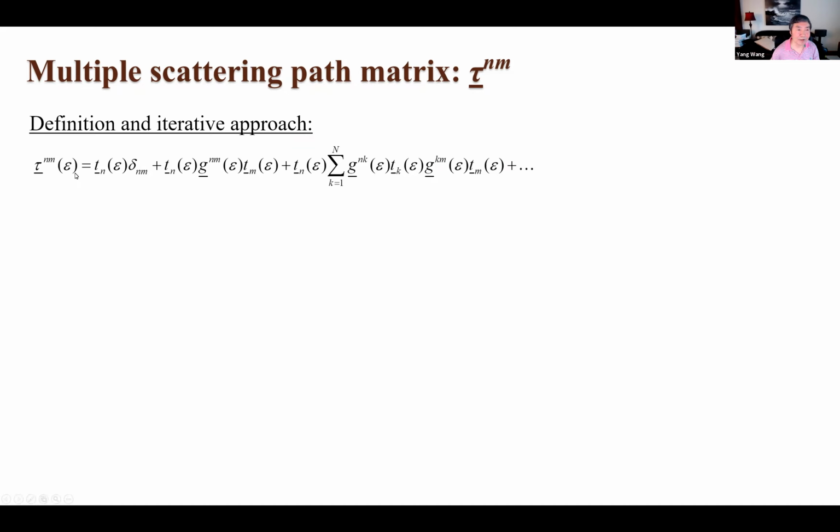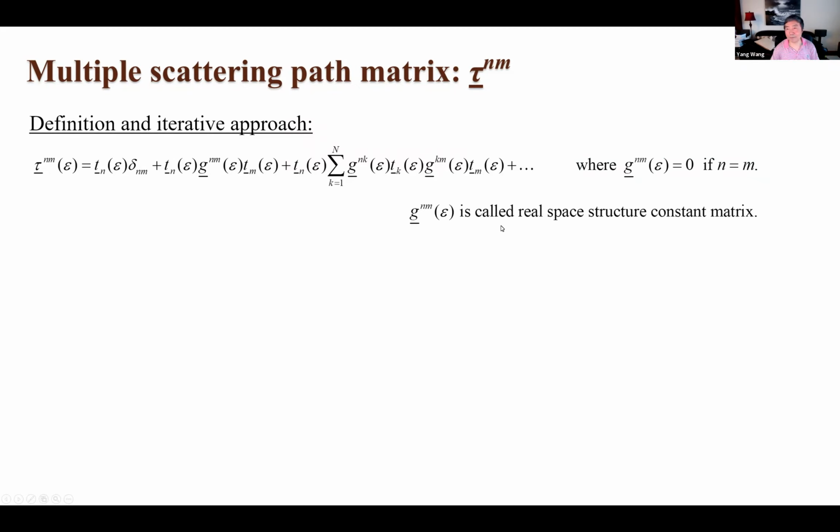So basically, it describes a scattering process starting from atom N and ending up at atom M. This is tau N M, and you can write its definition down like this, where G is a Fourier transform propagator, also called the real space structure constant matrix.